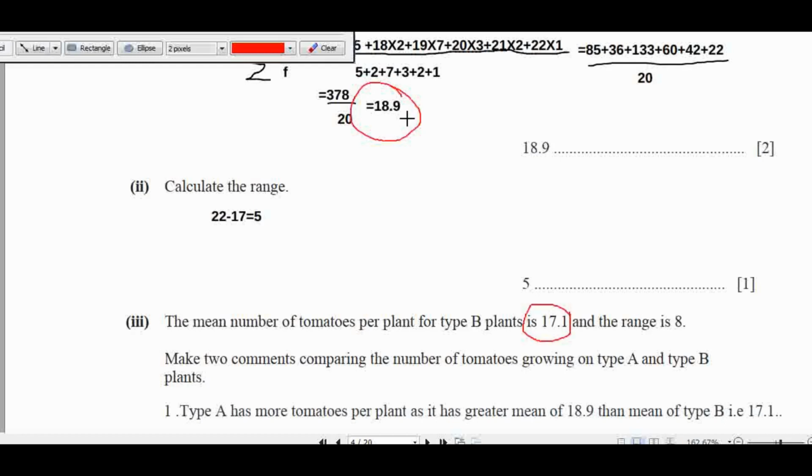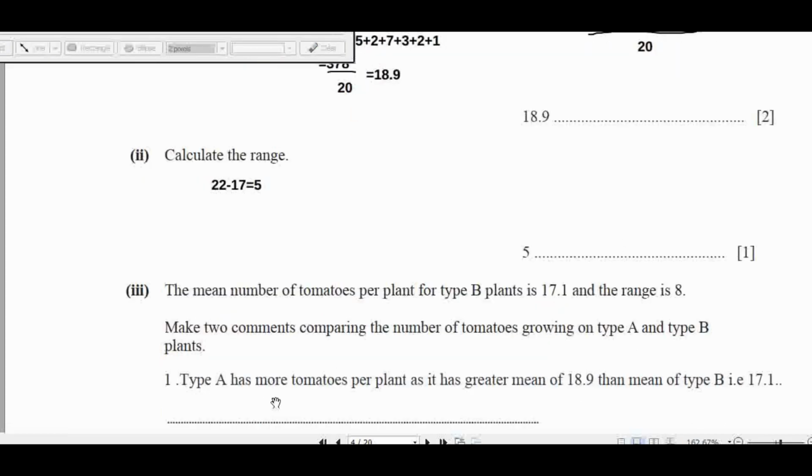So mean for type A is greater than mean for type B. That means that the number of tomatoes per plant for type A is more than that of type B because it has a higher mean. So first comment I can write like that: type A has more tomatoes per plant as it has a greater mean of 18.9 than the mean of type B, that is 17.1.